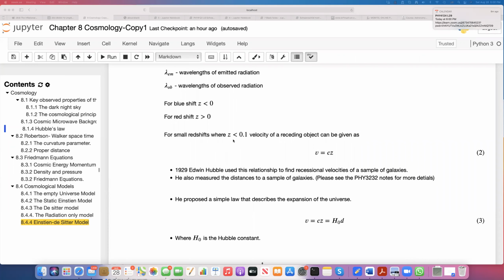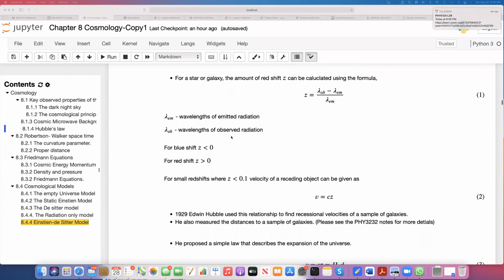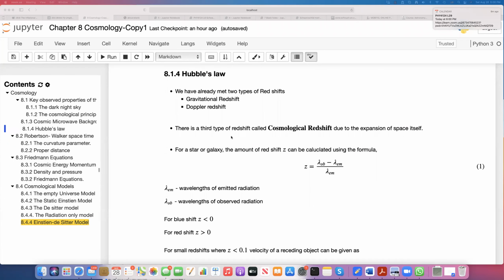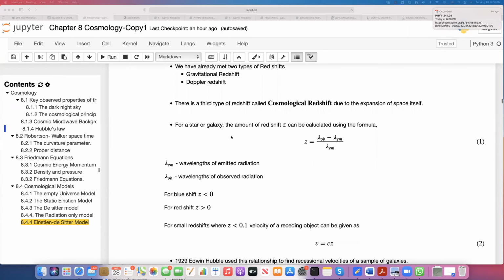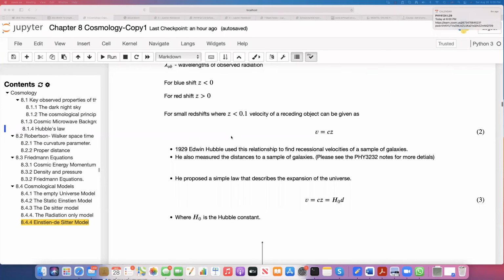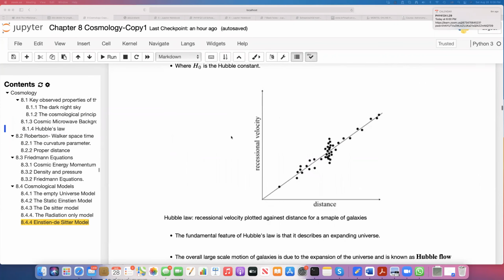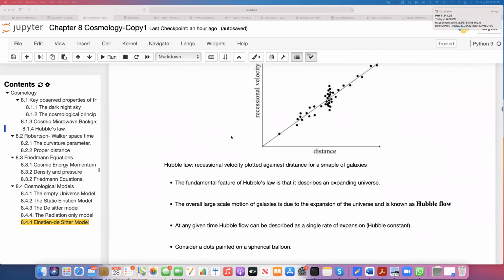And I explained to you how you can get this relationship using the redshift relation for small redshift galaxies, and what exactly Hubble did to get this relationship.